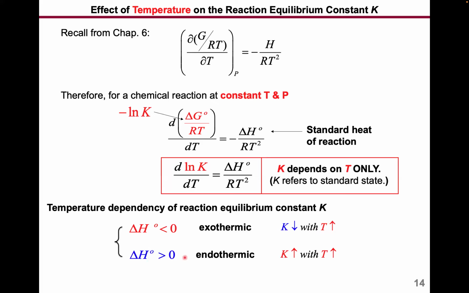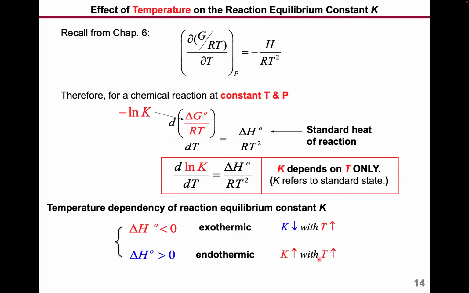But now if you have an endothermic reaction, where delta H0 is positive, then you can see positive, positive, so d ln K / dT is going to be a positive value.